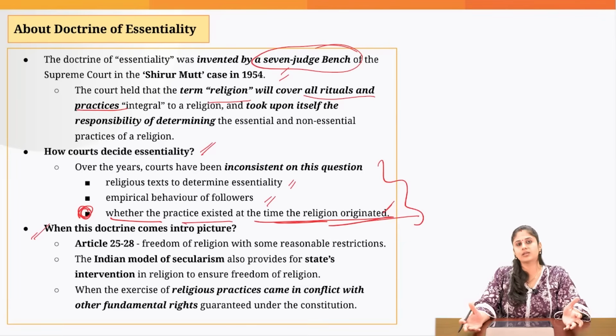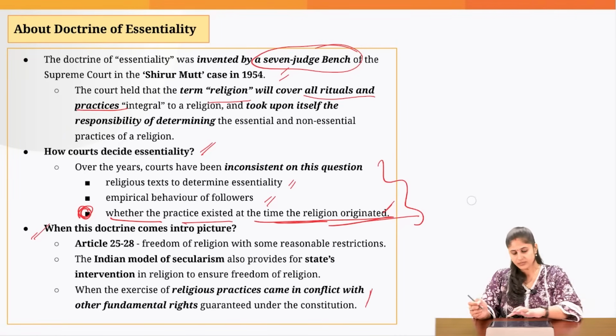Now, when would this doctrine come into the picture? We all know that in the fundamental rights chapter, Articles 25 to 28 give you the freedom of religion. But the freedom of religion can be subjected to reasonable restrictions. Whenever your right to practice religion comes in conflict with other fundamental rights, the doctrine of essentiality comes into the picture.